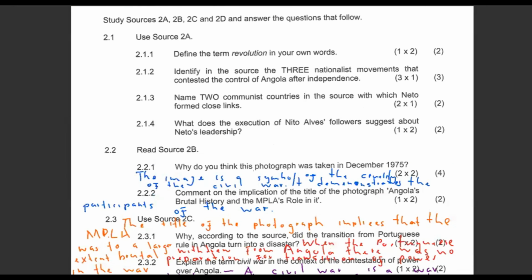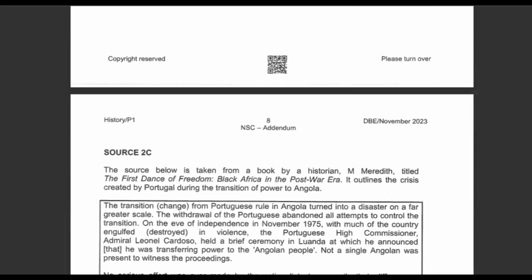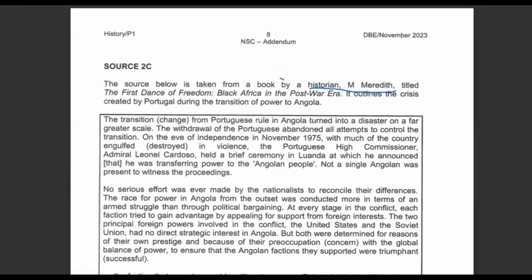If we look at source C, we first look at where it is coming from. This is a book by historian M. Medit. It's titled "The First Dance of Freedom." It is actually entitled "The First Break of Freedom."